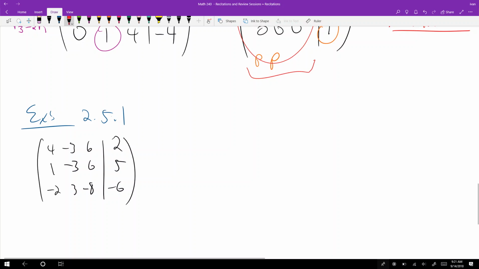Again, I have x1, x2, x3. Those are going to be my variables, my unknowns. And then this is my b column. We didn't do this for the last problem, and probably should have, but for the past two recitations we've been talking about the geometric interpretation of the system of equations.